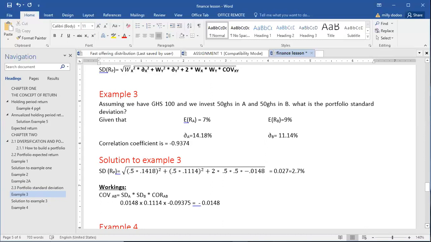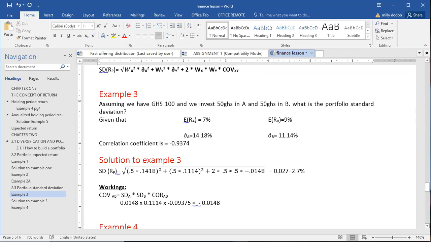Yes, the standard deviation divided by the covariance. So correlation coefficient is equal to the standard deviation divided by what? The covariance. Now, if you know that correlation coefficient is equal to standard deviation divided by covariance, and now they gave you correlation coefficient, you want covariance, what do you do? You do change of subject to get it.